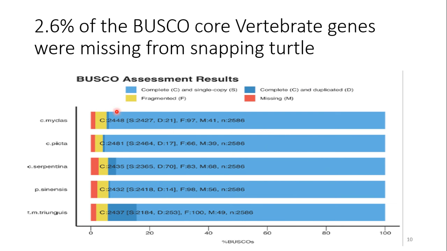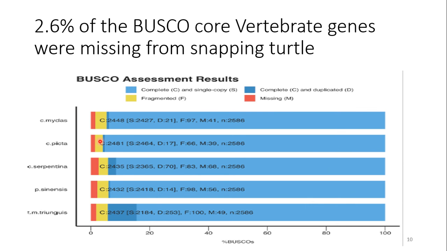Here the blue color is related to complete single copy and complete duplicated, fragmented shows the color yellow, and missing is related to this red color.